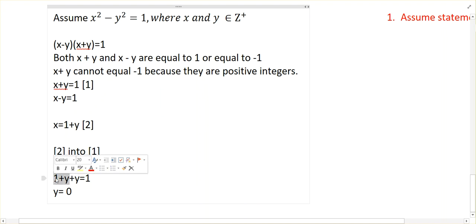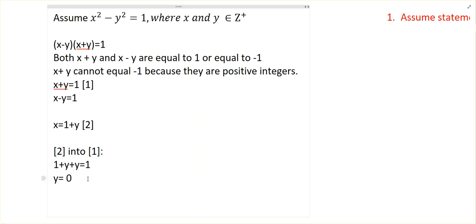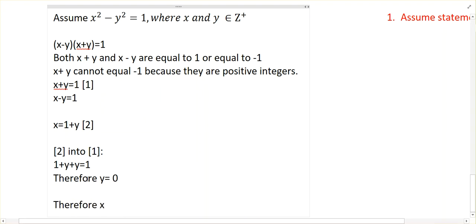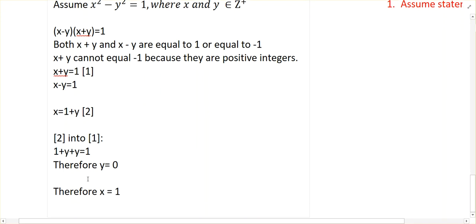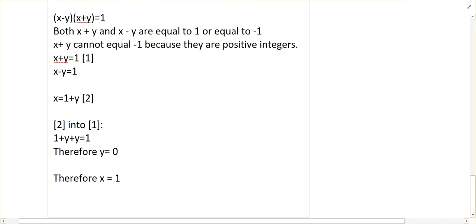And I get that. Y equals 0, what's x? So x equals 1. I was trying to write therefore. Can you write the therefore symbol instead of the word? X equals 1. Does it work? Y is not a positive integer, so it doesn't work.